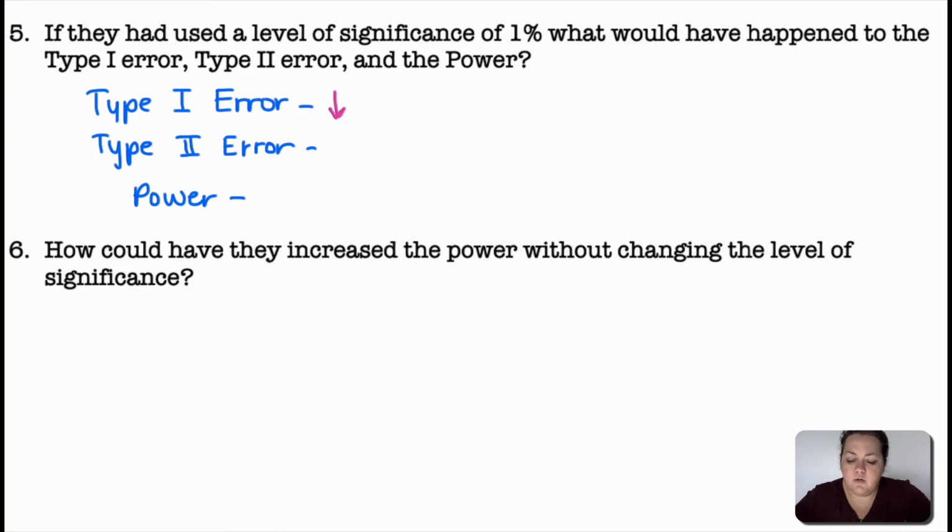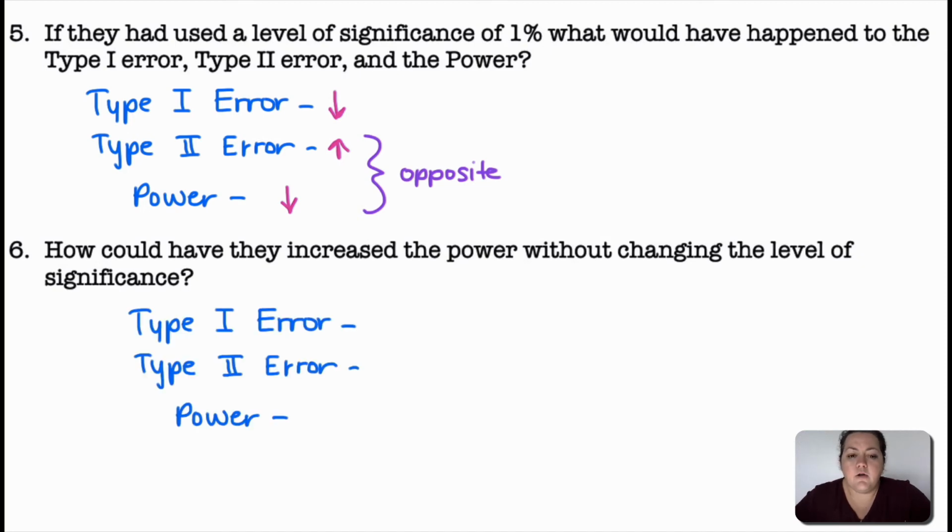If I decrease alpha, then I'm going to be decreasing the power, right? My power is going to decrease as alpha decreases. And if I decrease my power, that means my type 2 error is going to increase because those are opposites.